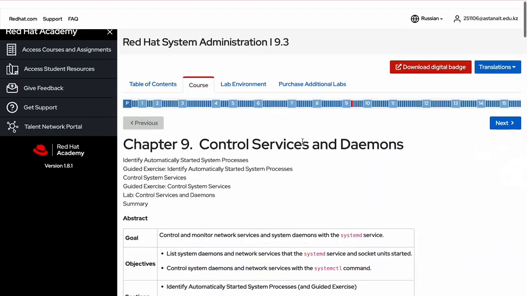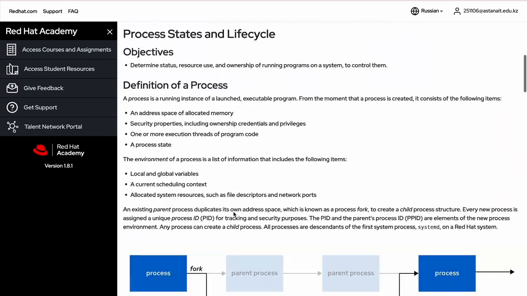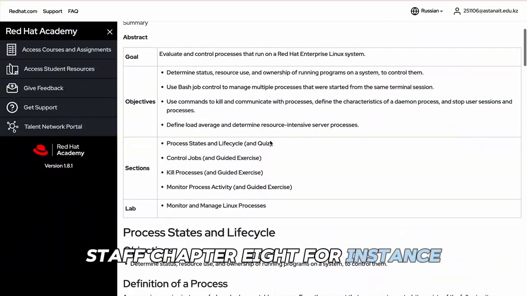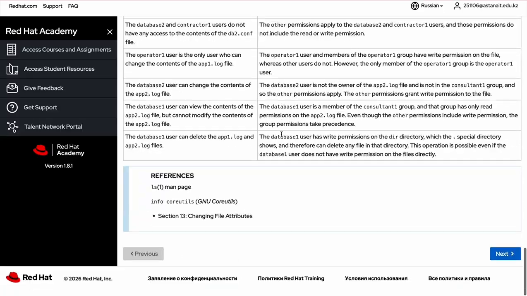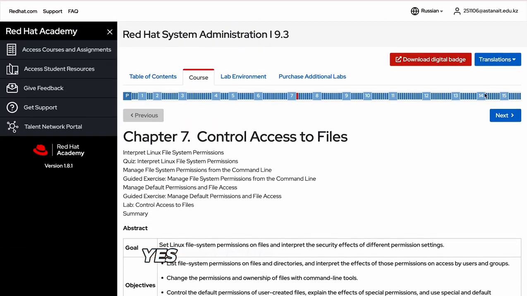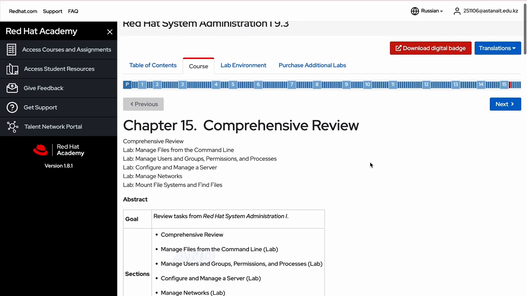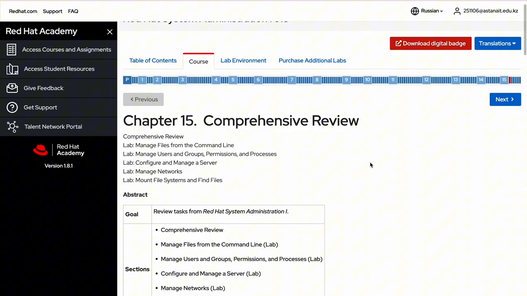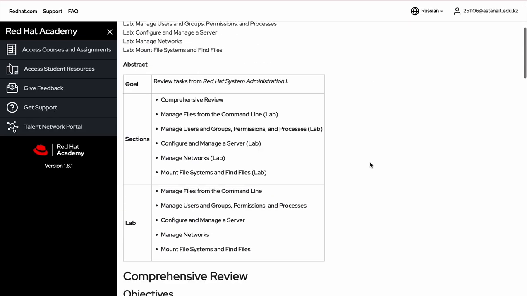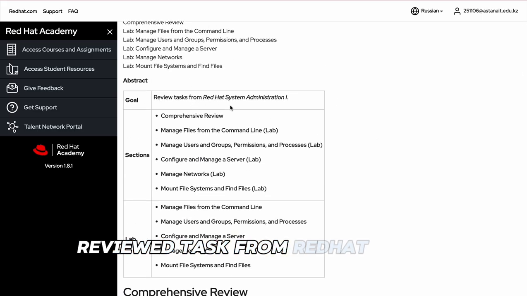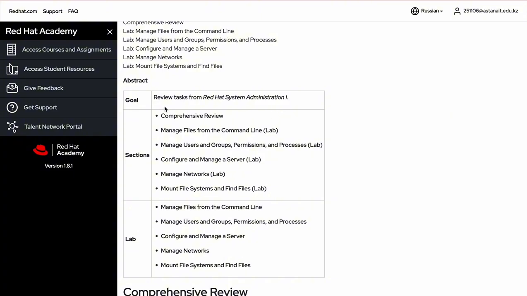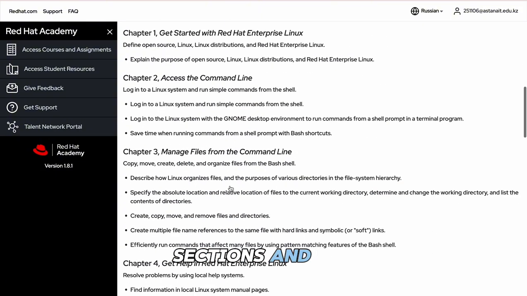Again, the introduction, understandable stuff, chapter 8 for instance. Yes, working with files, and the last one, comprehensive review.